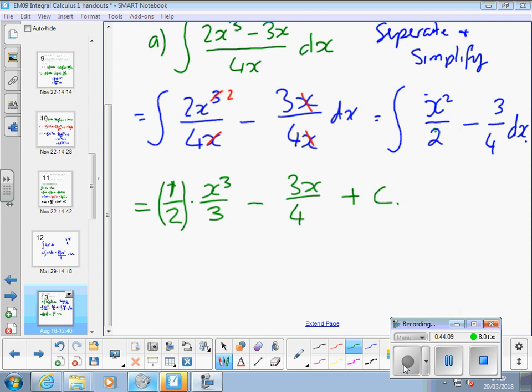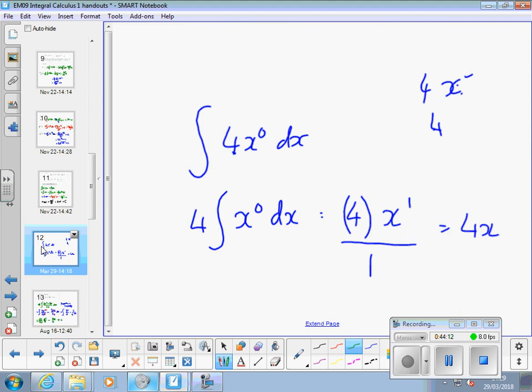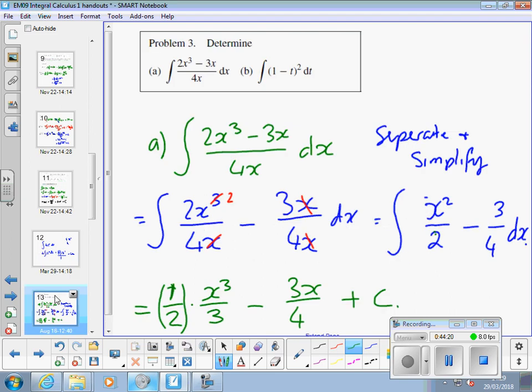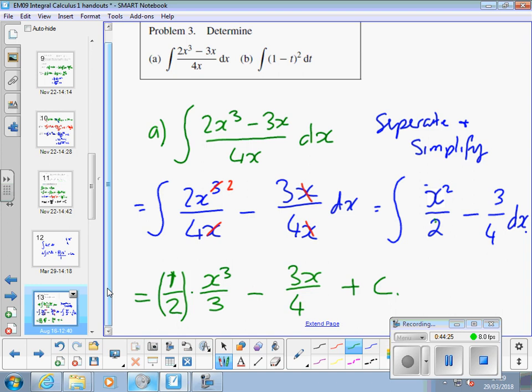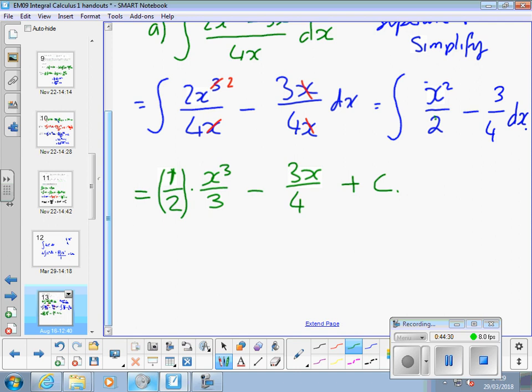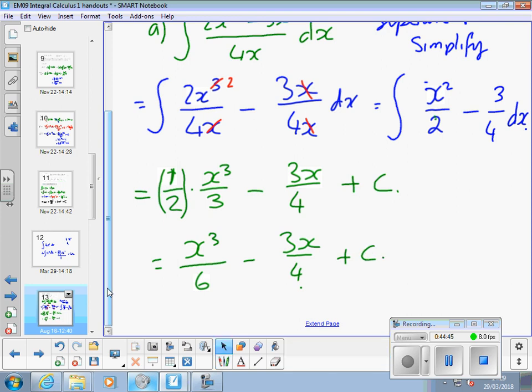And when you integrate a constant, as we said on the previous page, it all comes back. Simplify that. 4 plus c. Right.